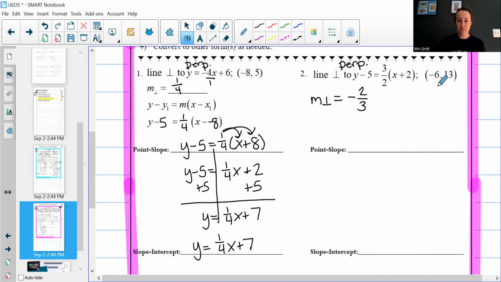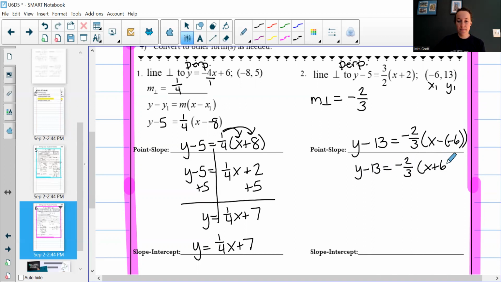So in point slope form, we know the slope and we know our point. So we have y minus y1 is equal to m times x minus x1. y minus 13 equals negative 2/3 x plus 6.